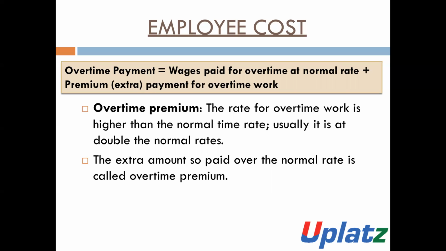For example, Mr. Ram, an employee in XYZ company, receives 100 rupees per hour in the case of normal time. In the case of overtime, he will be eligible to take 200 rupees per hour. Then 200 minus 100, that is 100 rupees, is considered as overtime premium.